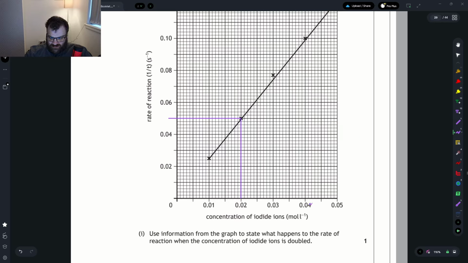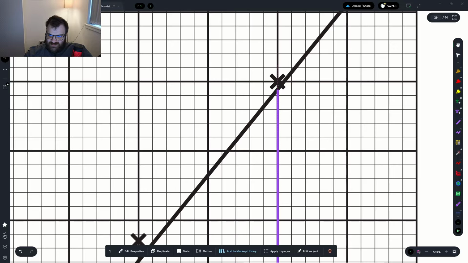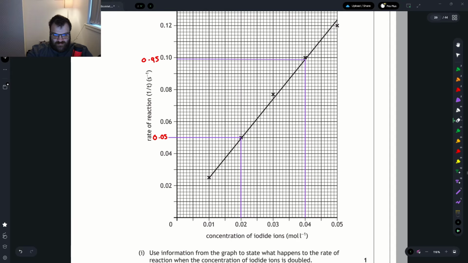And then if we go up to 0.4... Now, I'm trying to get it on the line. Now, it's kind of just a wee bit below it. So we're between 0.1 and 0.09. So we're in that kind of 0.095 ballpark region for that.